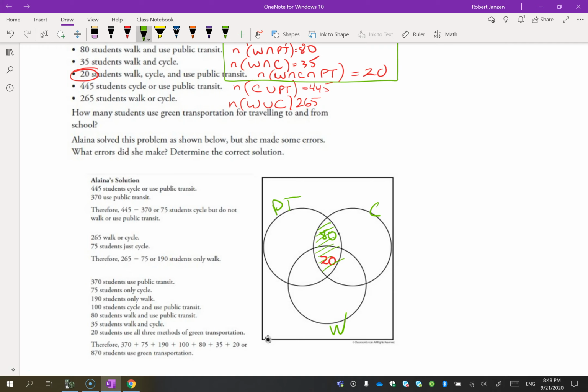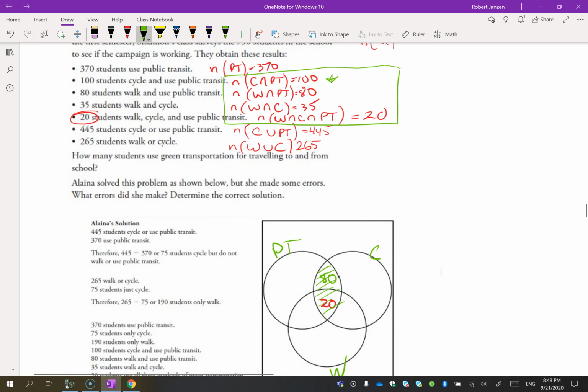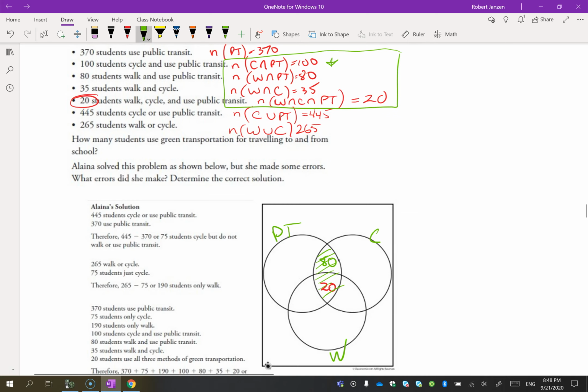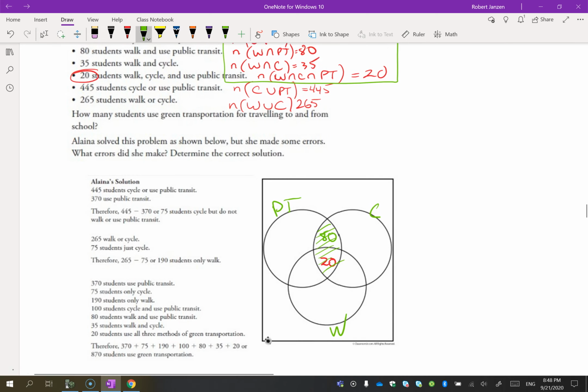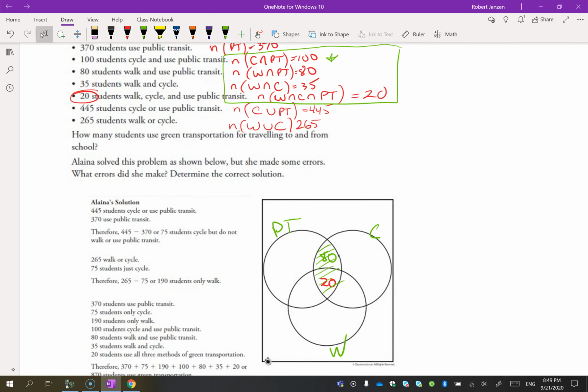Right, the overlap has to be 100. Now that also means walk and public transportation is supposed to be 80. So this section here has to be 80. Well, we've already used 20, so this must be 60 here. And then this one, walk and cycle, has to be 35, meaning this must be 15.